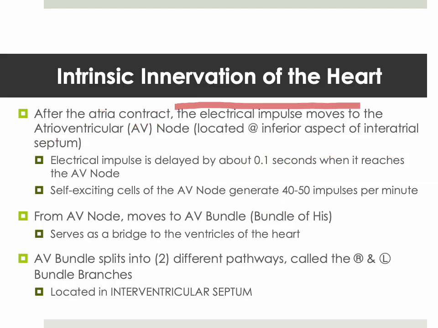Okay, so as I was telling you before, the one that has the highest rate is the sinoatrial node, going from 70 to 80. This one goes to 40 to 50 beats per minute, okay? So we have the SA node, meaning the sinoatrial node, and then we have the atrioventricular node, okay?